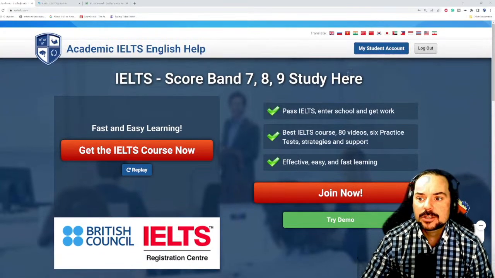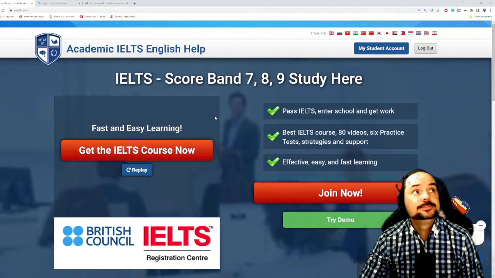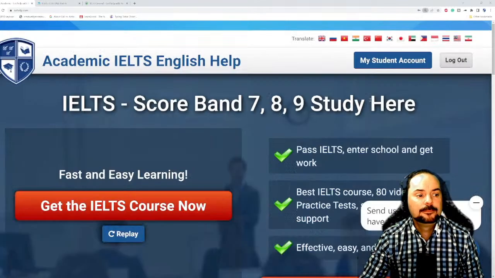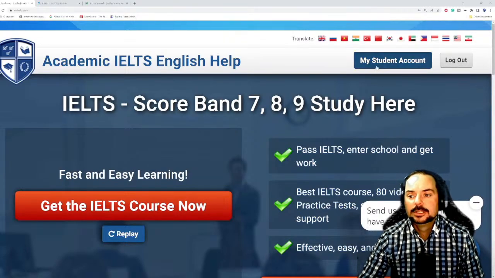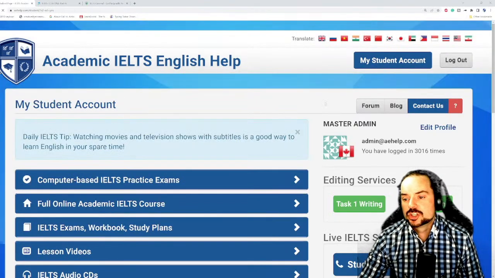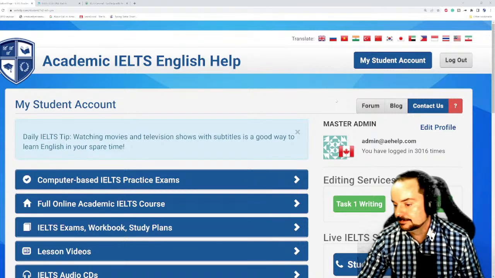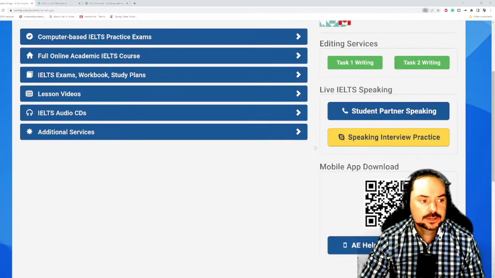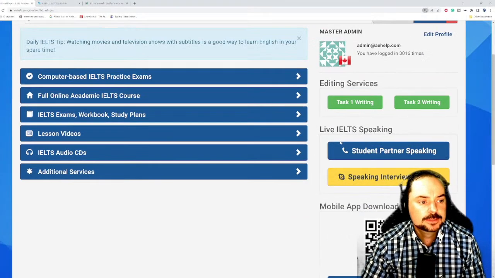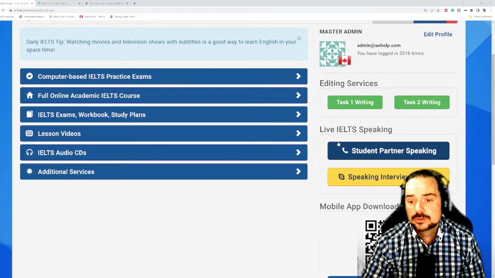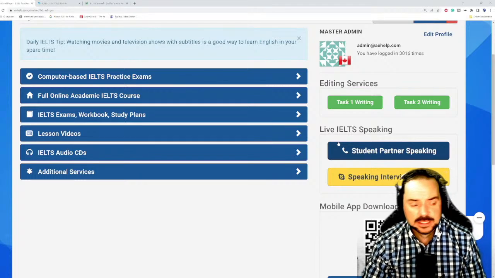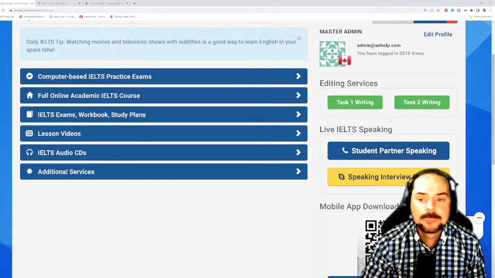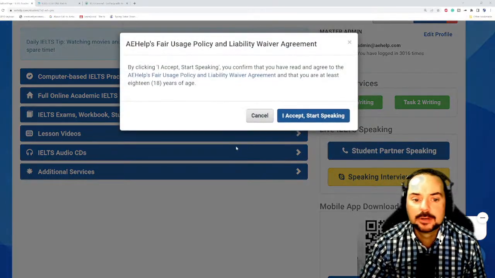Go to your My Student account, up at the top if you're not logged in. If you're registering right now, it should just auto log you in. Then you have this function here, Student Partner Speaking, up at the top. This is where you can talk to other IELTS students and practice your speaking and other parts of the IELTS with them.